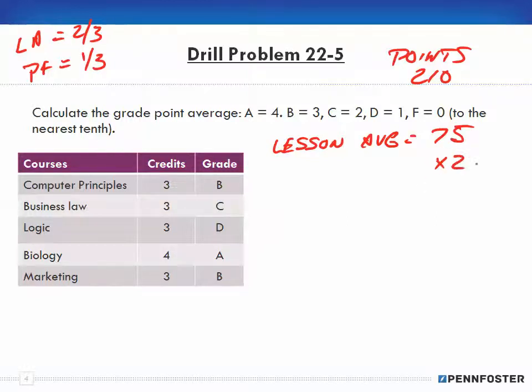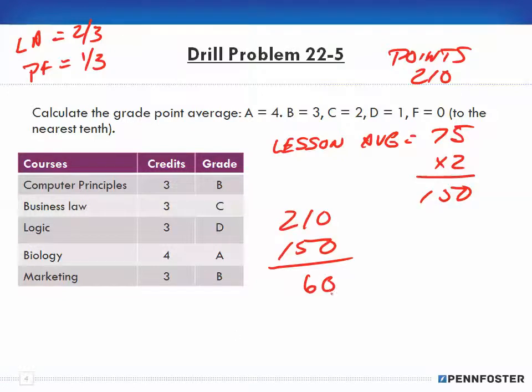So you're going to multiply that by 2, which means you have 150 points. So if you take your 210, which is passing, and you subtract out the 150 points, you can get a grade of a 60. Now, 60 is failing, okay? But if you get that grade of 60, even though your final exam or the proctor exam is a failing grade, you're still able to pass the subject because you ended up with the full 210 points.